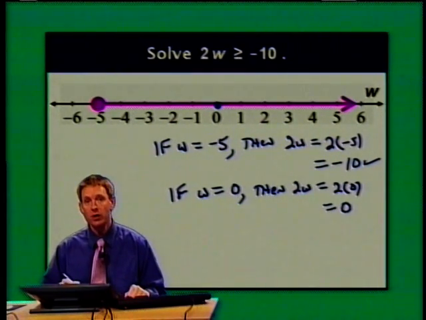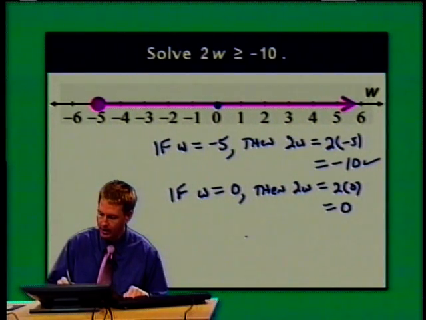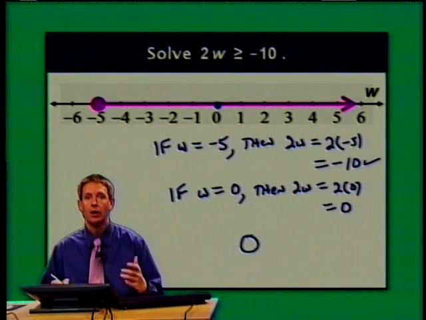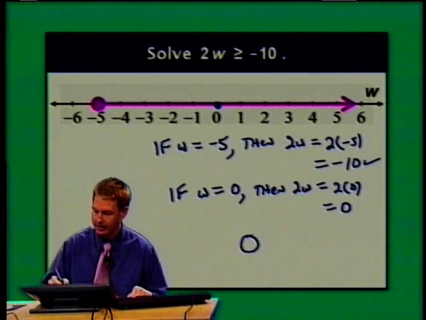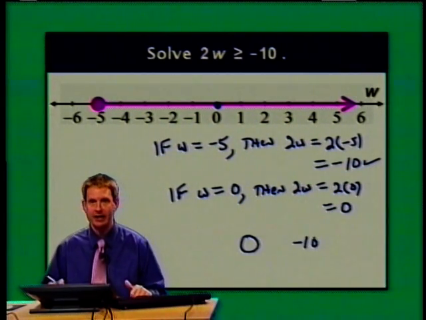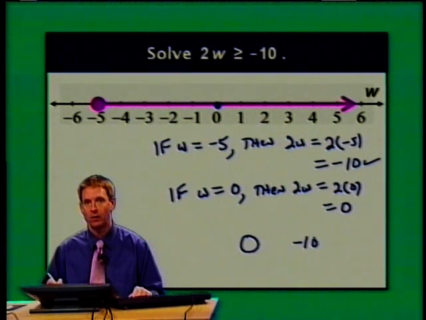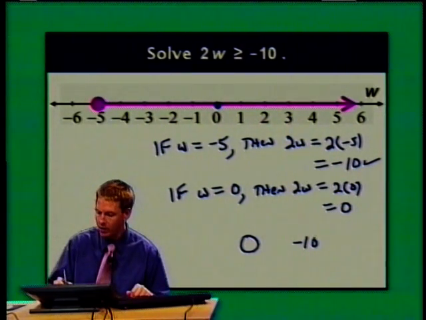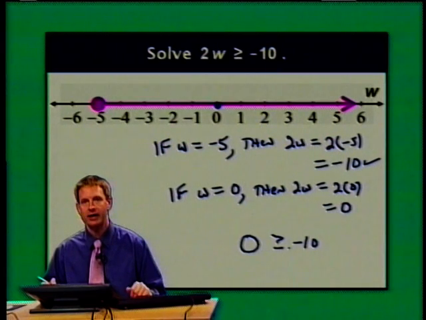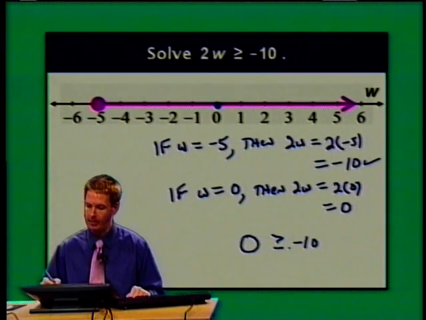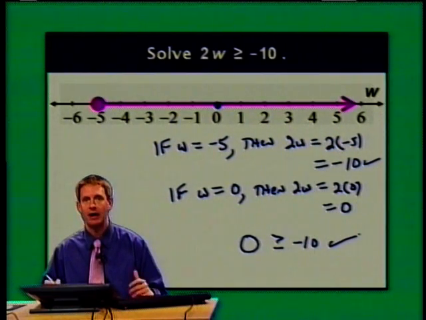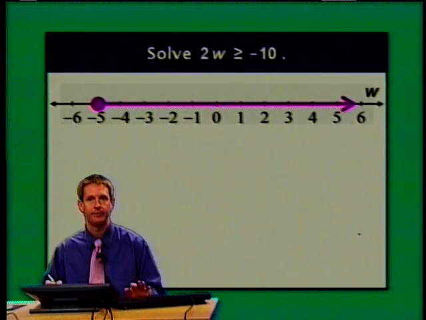So when w is 0, the expression on the left of my inequality symbol evaluates to 0. The right side of my inequality is always negative 10 in this case. So I have to consider what is the relationship between 0 and negative 10. Well, 0 is greater than or equal to negative 10, which is the proper sense given my initial problem. So this checks. I have a valid solution.